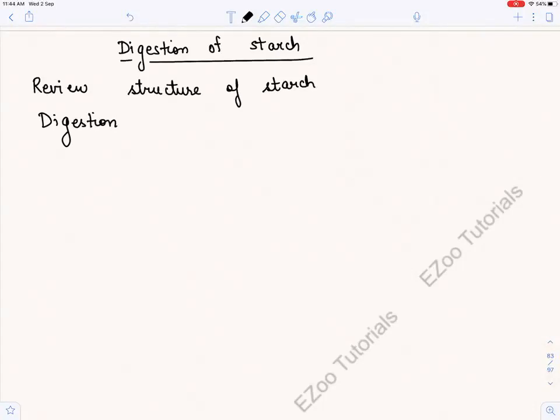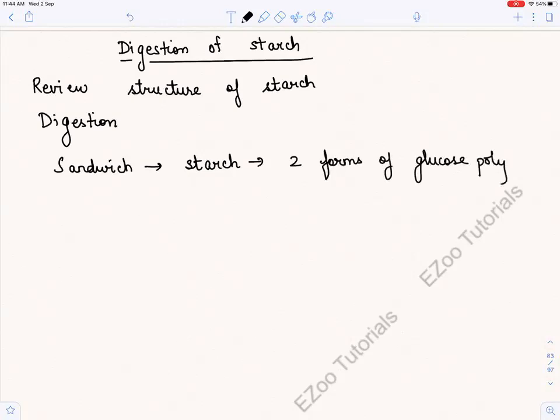So suppose your mama has made a very yummy sandwich today. When she's giving you a sandwich, you know that you're eating starch, right? So starch is formed by two forms of glucose polymers.